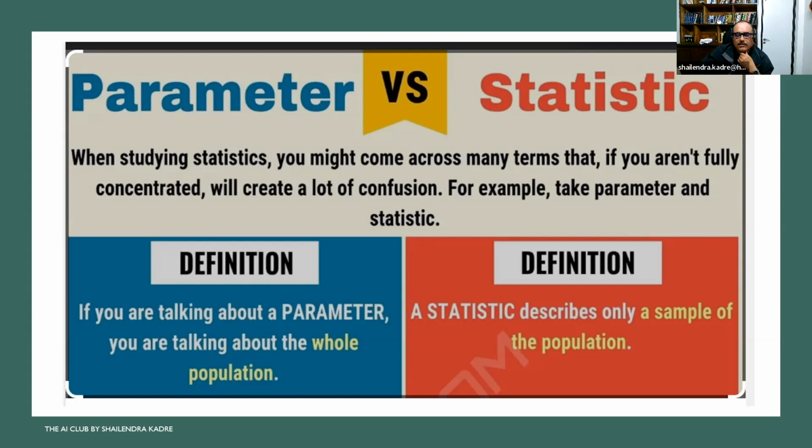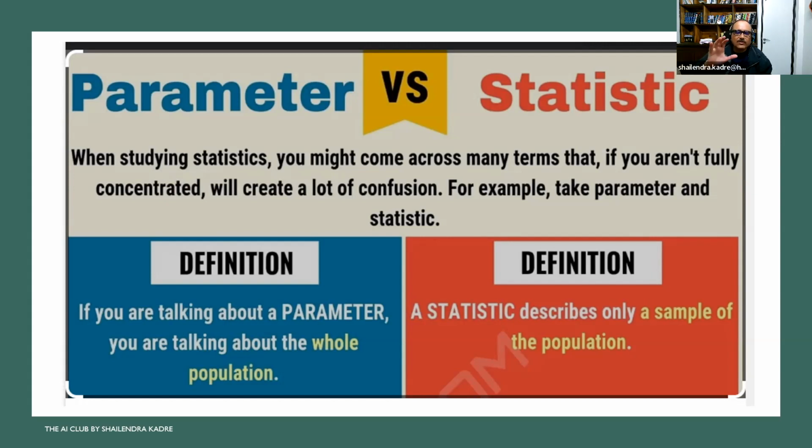Now, the average annual income of a person in India is around $7,000. Suppose I'm giving an example; it's very high for India, but I'm telling one example. Suppose somebody sitting in America talks and says that the average income of a person in India is $7,000.